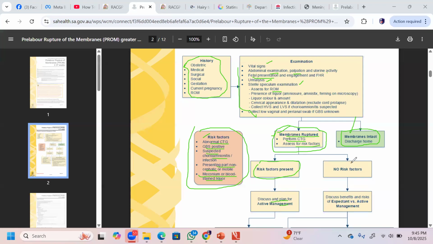But if risk factor is not present, just membrane ruptured, you will discuss the benefit and risk of expectant management with active management.